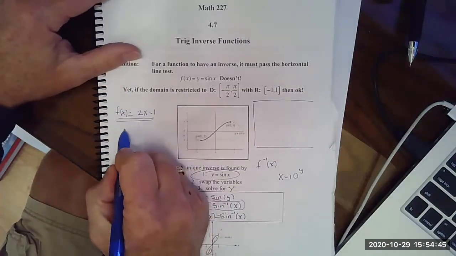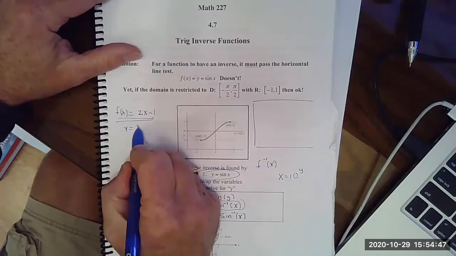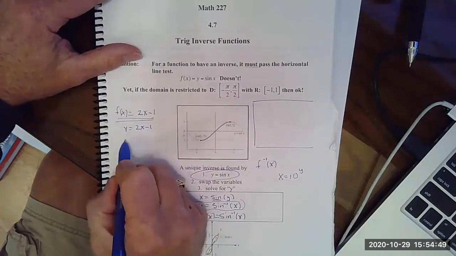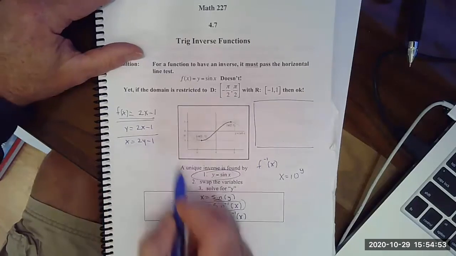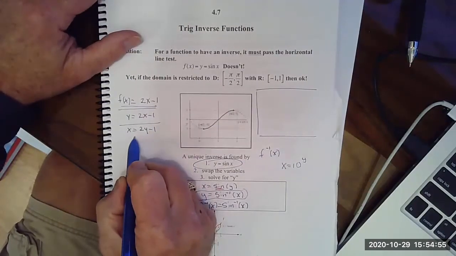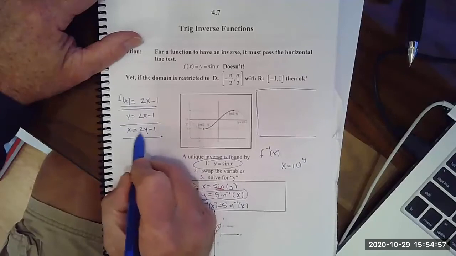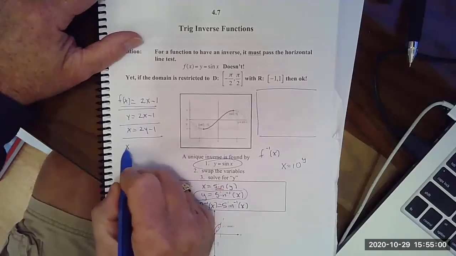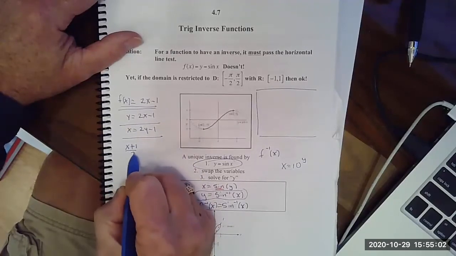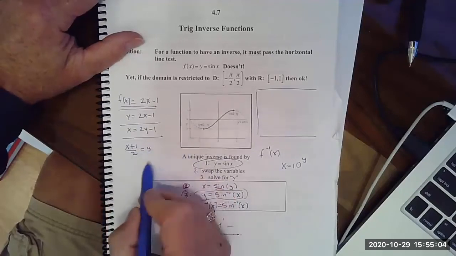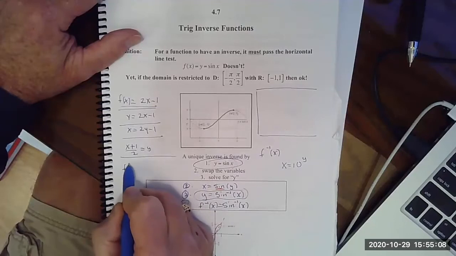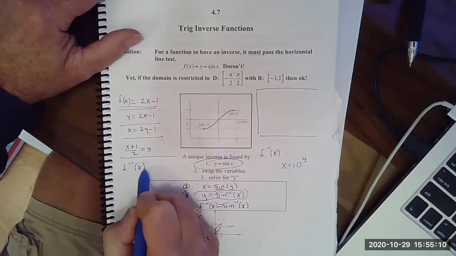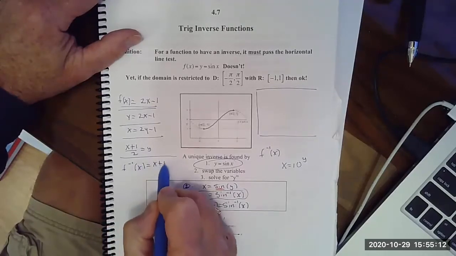So you go y equals 2x minus 1, swap x and y. So x is equal to 2y minus 1, solve for y. Add 1, divide by 2. Now go f inverse. So f inverse of x is equal to x plus 1 over 2.